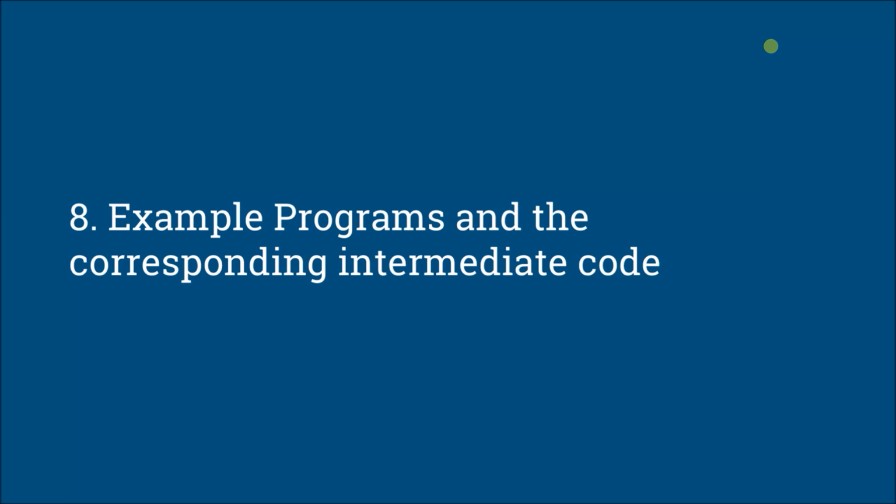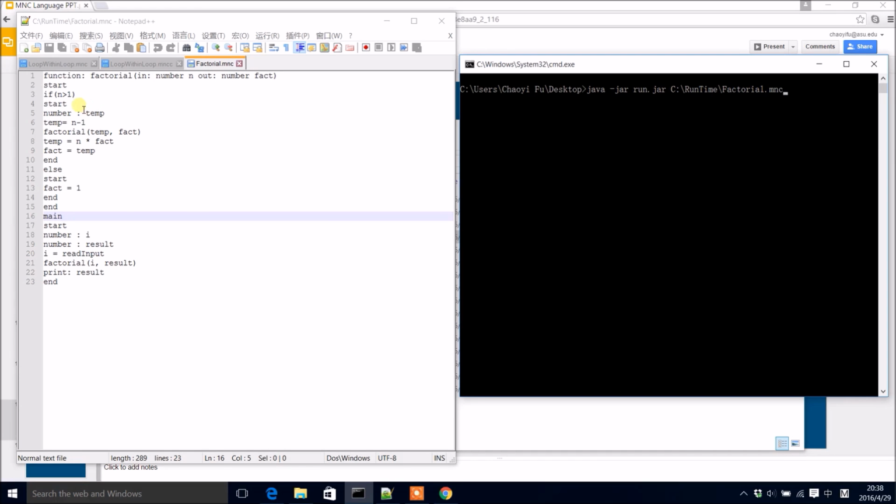Now let's look into another sample program of factorial which implements factorial by recursion. On the left you could see a high level factorial code with function factorial. This function is called recursively within itself, and from our main we call factorial with I. This I is given as an input from the user.